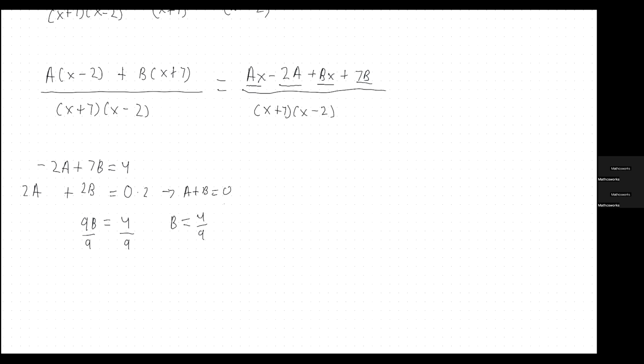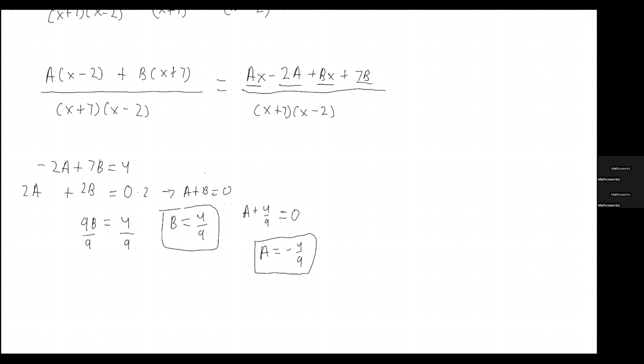So if we plug in 4 over 9 for B, that'd just be A plus 4 over 9 is equal to 0. So in order to find what A is, we subtract 4 over 9 on both sides, and we would just get A is equal to negative 4 over 9. So we got our B value, and we got our A value.